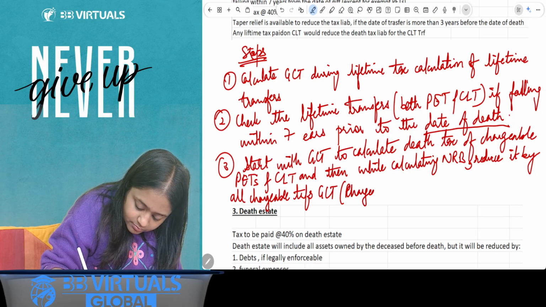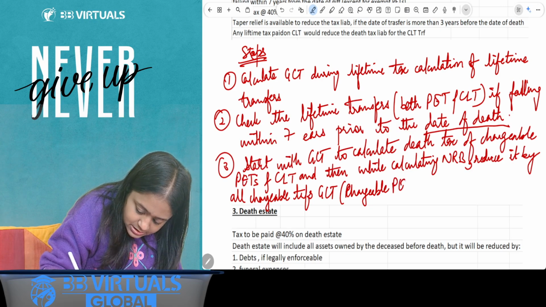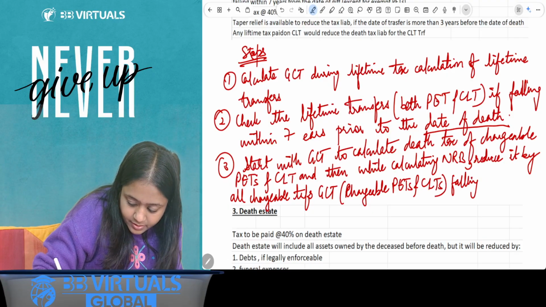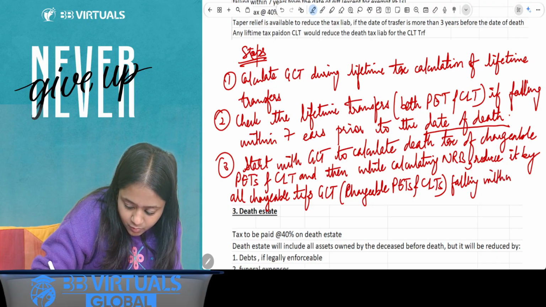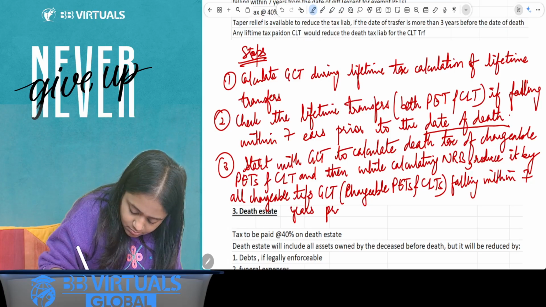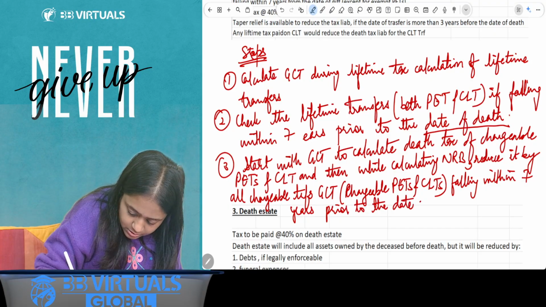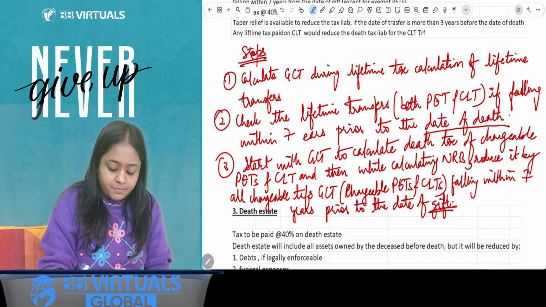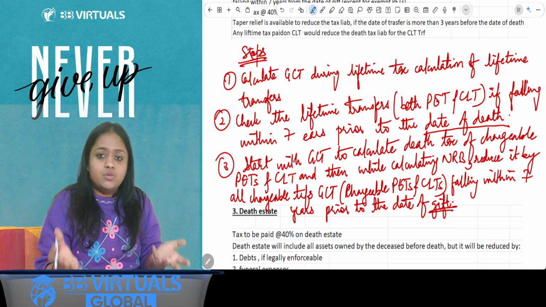Chargeable PETs and CLTs falling, same rule of NRB now, within 7 years prior to the date of gift. Date of gift only you will take, just like normal NRB, and we reduce NRB, right?